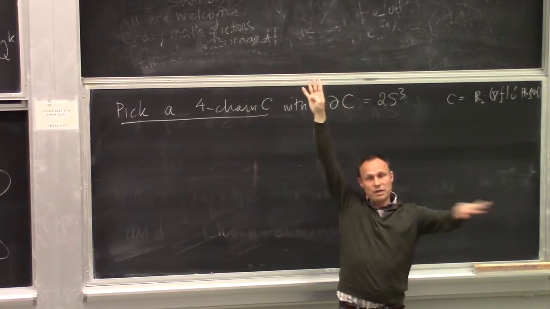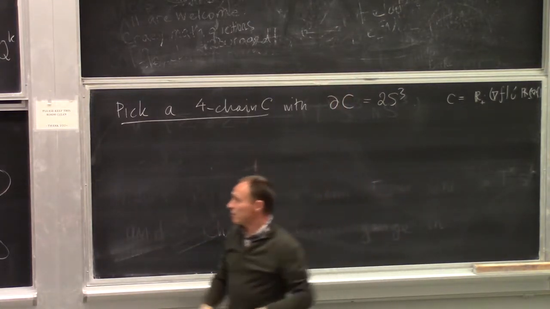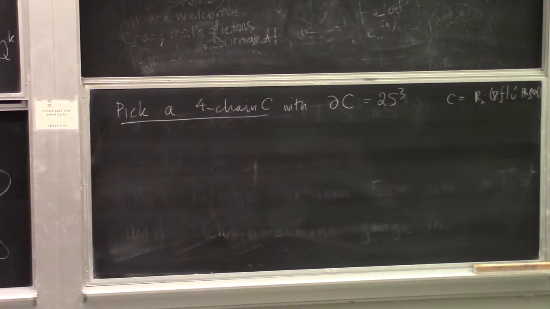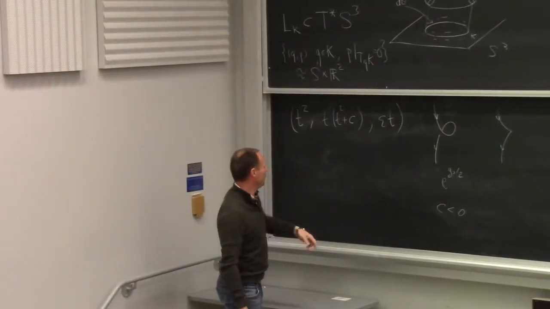And then it has boundary on the zero section S^3. We take the same chain, but with opposite orientation going in the negative direction. And now in this case our chain will go off, you have a 4-chain in the fourth direction.